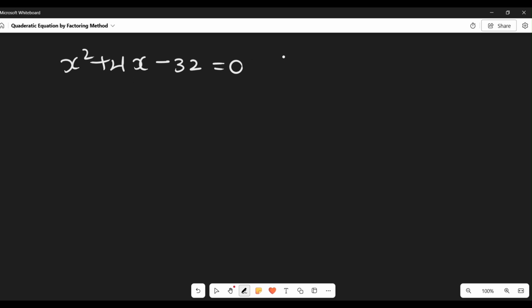Now again you have to factor 32 in such a way that their sum will be +4. So we can write that 4 multiplied by 8 equal to 32. So if we do −4 multiplied by +8, then it will be −32.